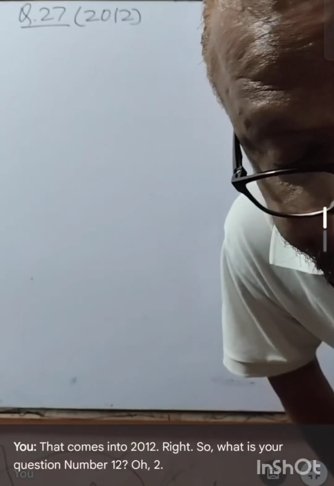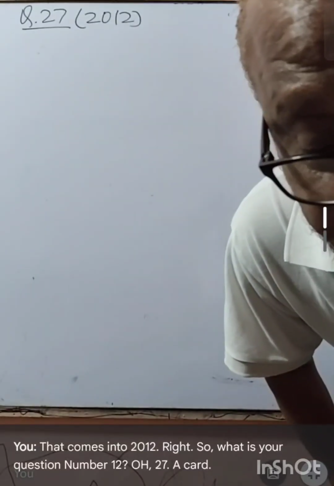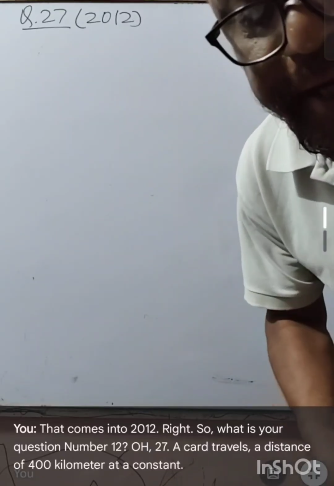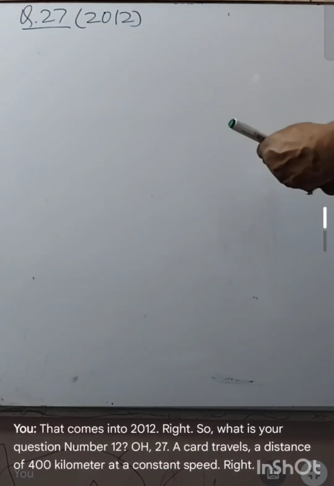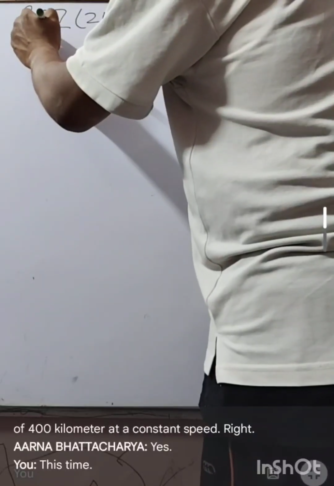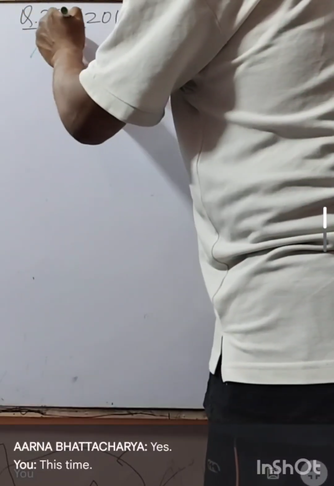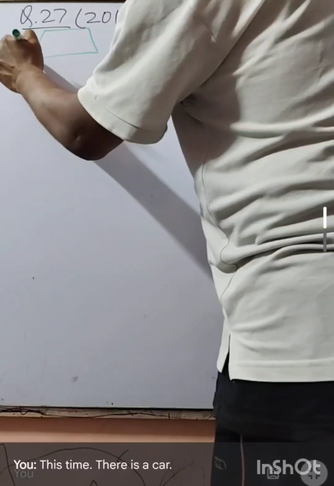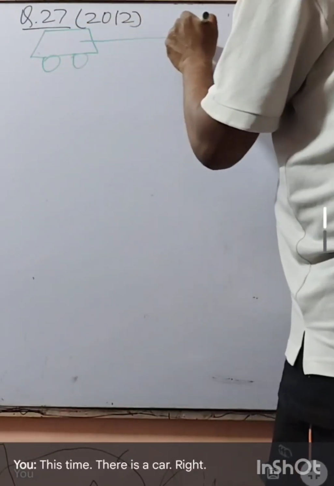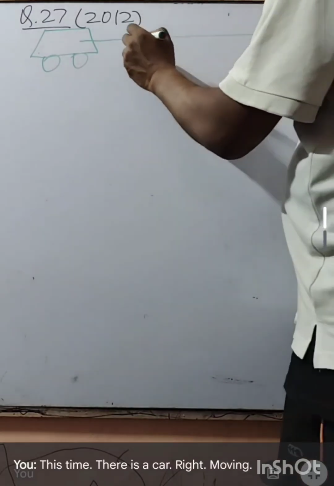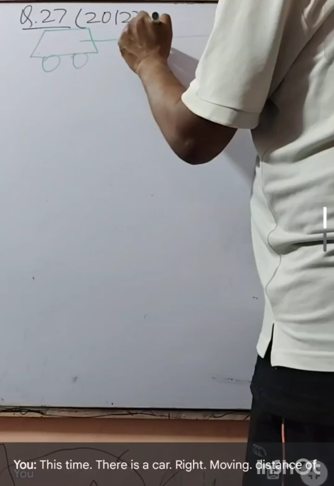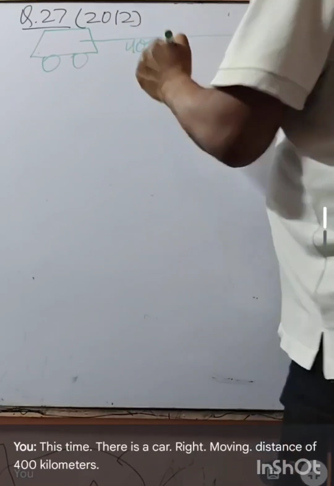So what is your question number 12? Oh, 27. A car travels a distance of 400 kilometers at a constant speed, right? There is a car moving a distance of 400 kilometers, right?